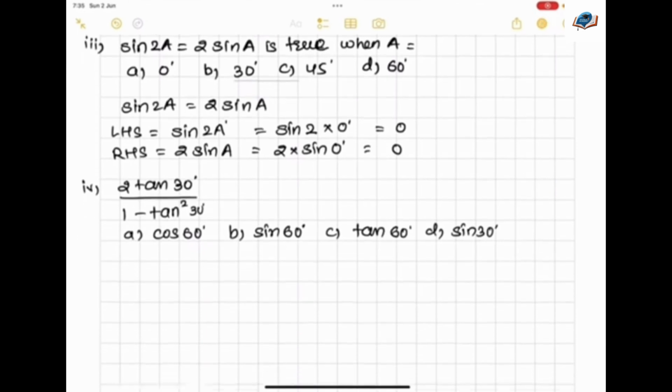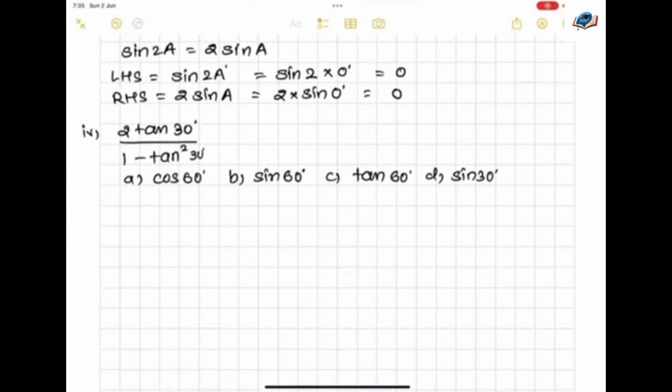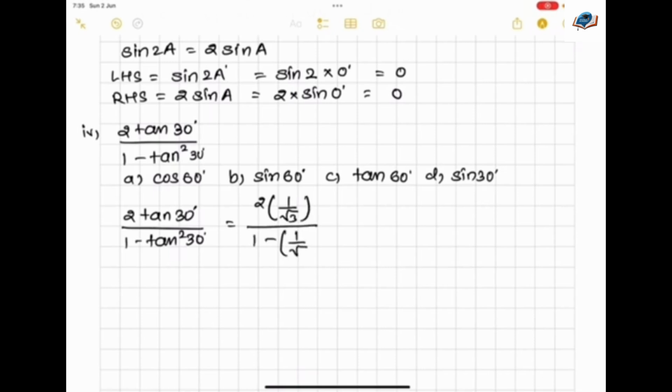So solving 2 tan 30 upon 1 minus tan square 30 degree, that will be equal to 2 into 1 by root 3 whole upon 1 minus 1 by root 3 whole square.